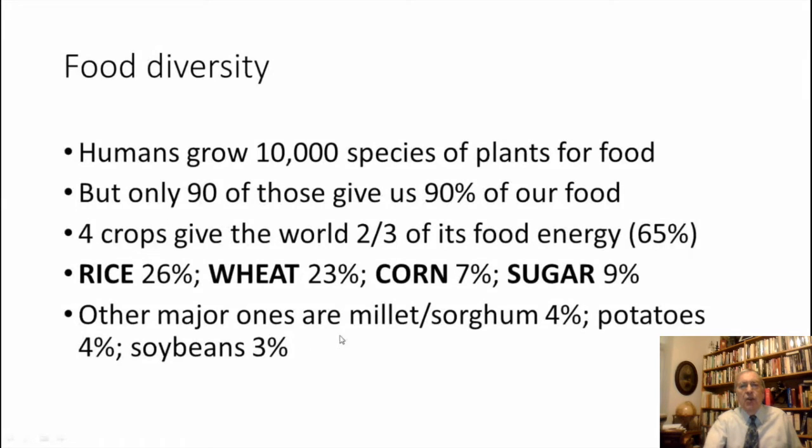And there are a few others, millet and sorghum, which are wheat type crops that they grow in Africa, that survive in that semi-desert area, particularly along the Sahel, which is that strip, that wet season, dry season strip of land between the rainforest and the Sahara Desert. Potatoes 4%, soybeans 3%, and so forth.